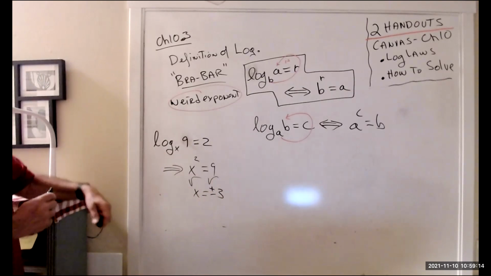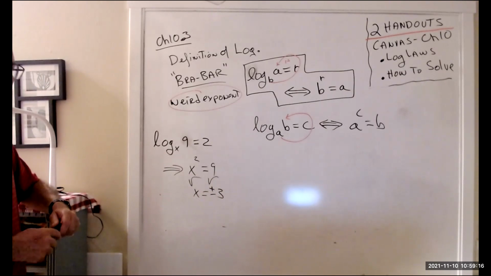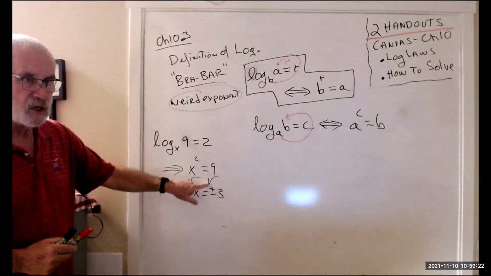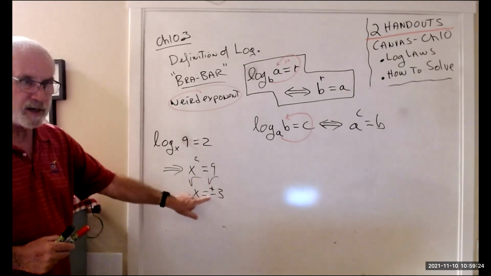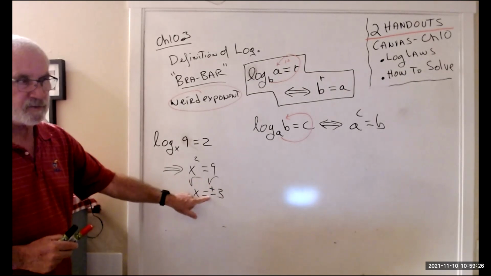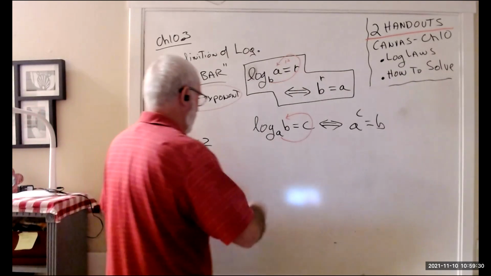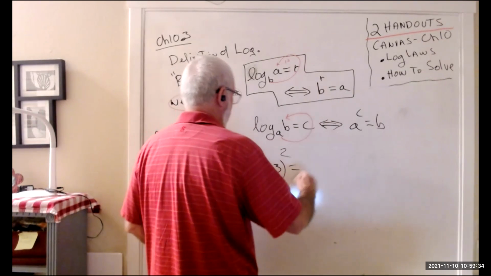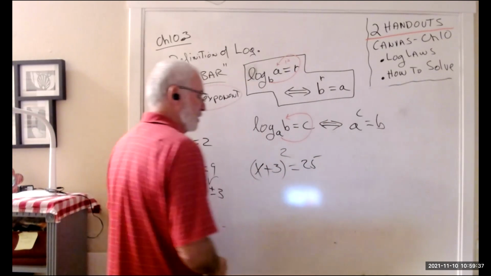A lot of you guys missed it on the chapter 9 quiz. When you square root both sides, you have to input a plus or minus there. Several of you blew that on the quiz. I think there was some problem like x plus 3 quantity squared equals 25 or something like that.